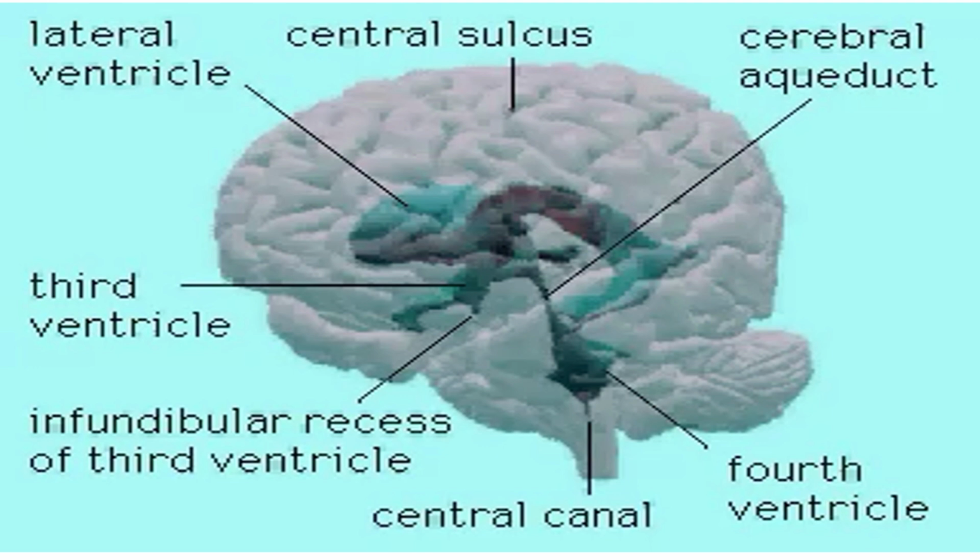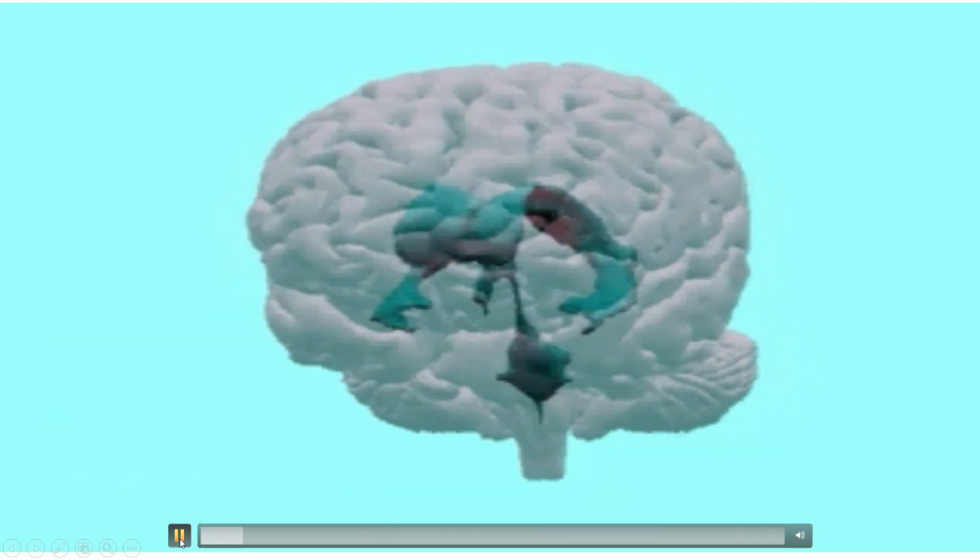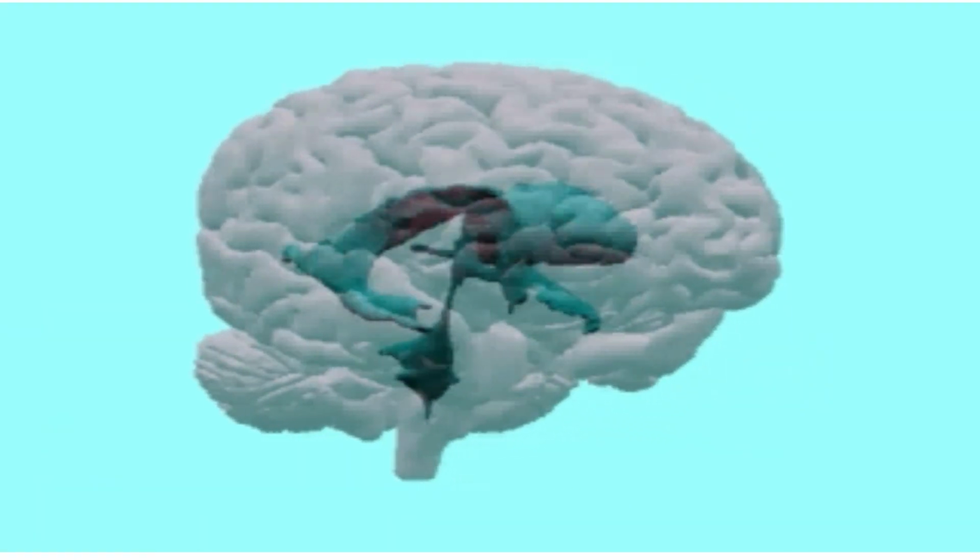Another view of this, I'm just going to leave this here so that you appreciate some of the ventricles that you learned in your anatomy. So you could just pause the video. I'll play this so that you just see it from every angle.